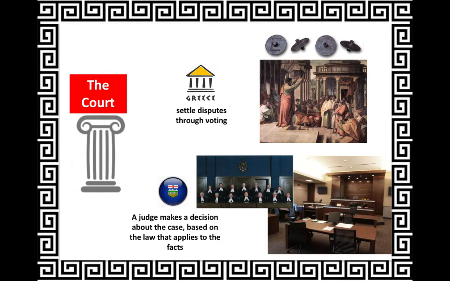And that is all dependent on the law. In Canada, we have laws as to what is okay and what is not okay, and the judges and the jury have to decide whether or not any of those laws were broken or misused.